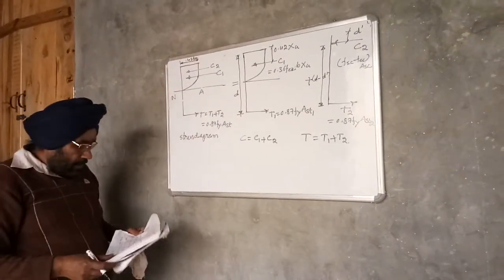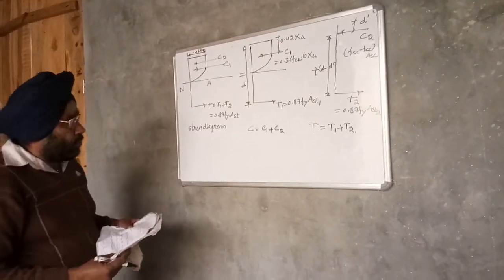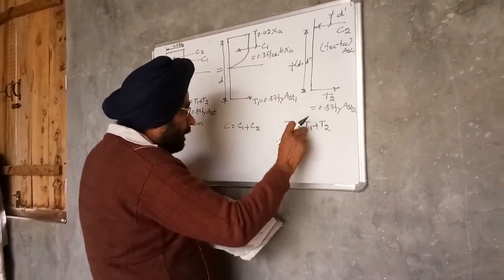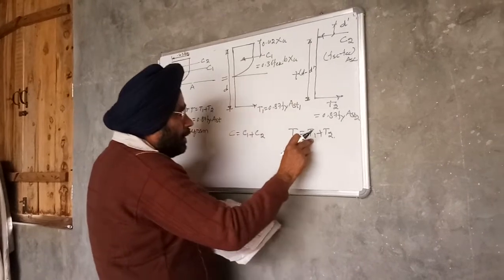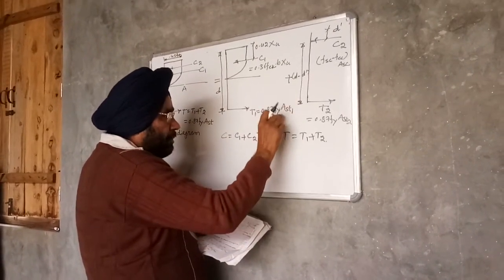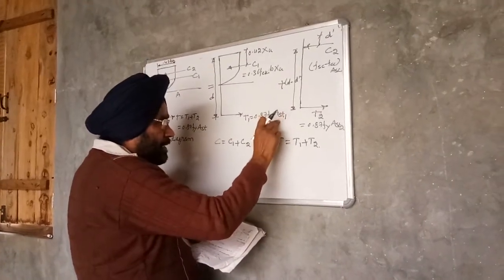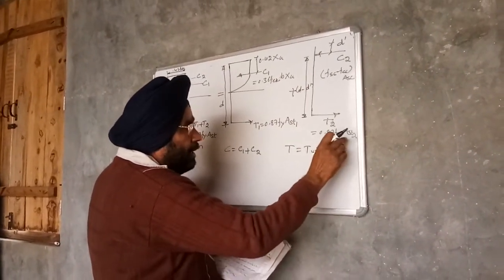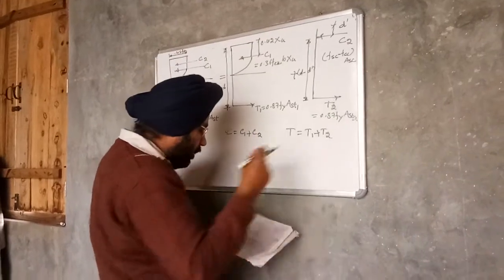Then the total tensile force T is equal to T1 plus T2. T1 is the tensile force provided by the tensile reinforcement Ast1, and T2 is the tensile force contributed by the tensile steel Ast2.